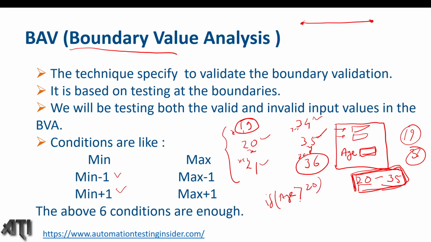Then it should accept only above 20, right? Based on this condition. But we should specify age is greater than or equal to, so that it takes 20 as well. That is the reason we generally do boundary value analysis. Using this testing technique, we write the test cases based on boundary values. This is an example of boundary value analysis, guys. Let's move on to the next slide, where I'll talk about another example of boundary value analysis.